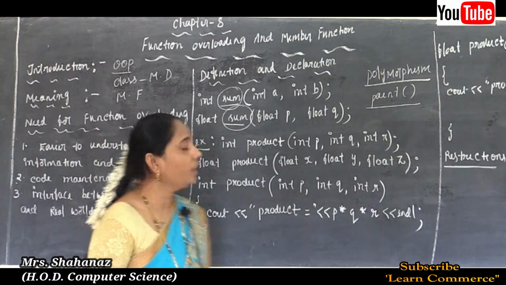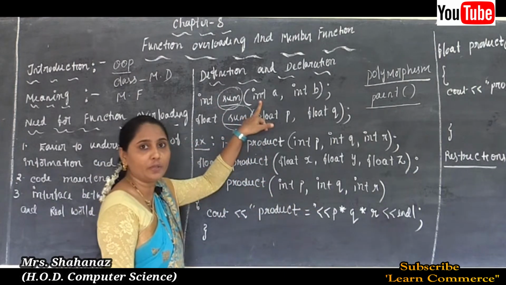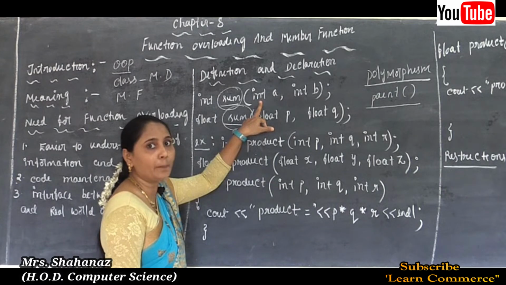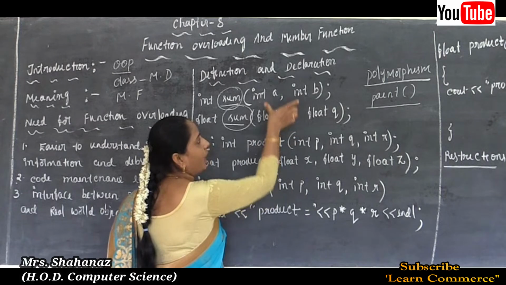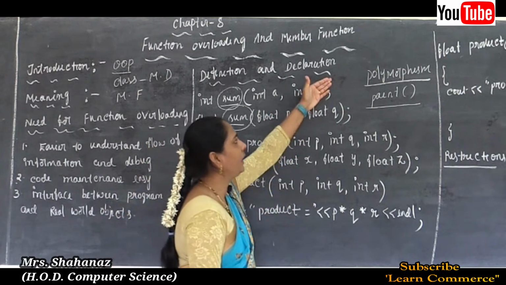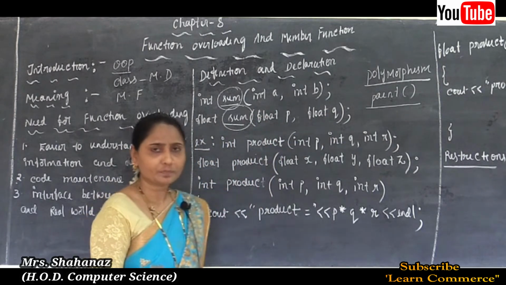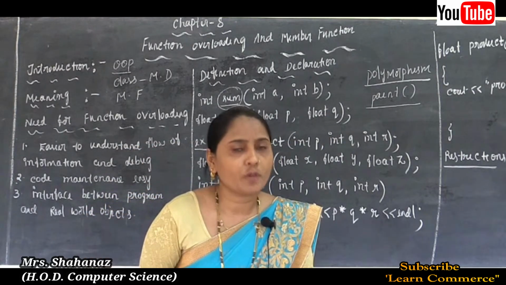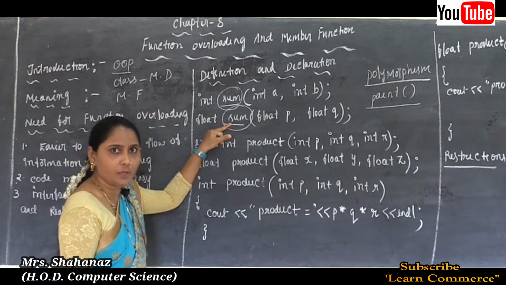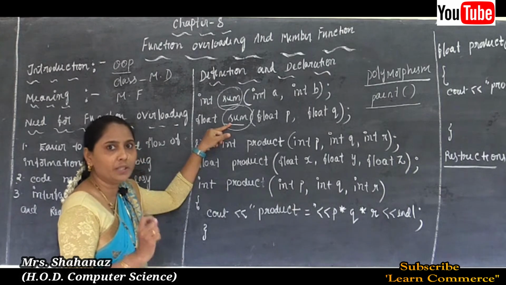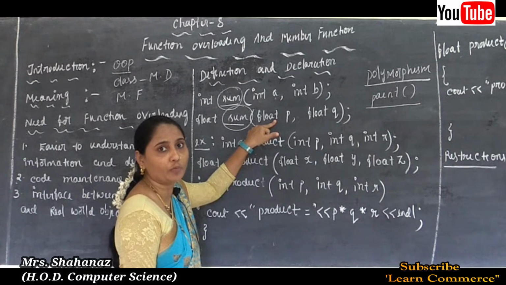Clear this point here? The function name is overloaded, but in this example the different kinds of data types are there, and the number of arguments I used is just 2. If you want, you can use 3, and here you can use 4. Clear this one? So, function overloading means two or more functions have the same name, but differ in the number of arguments or in the kinds of data types.